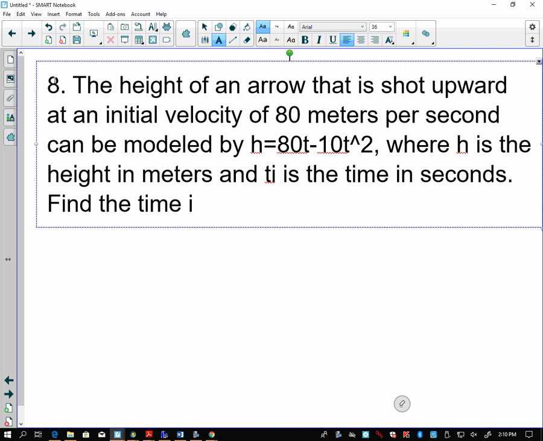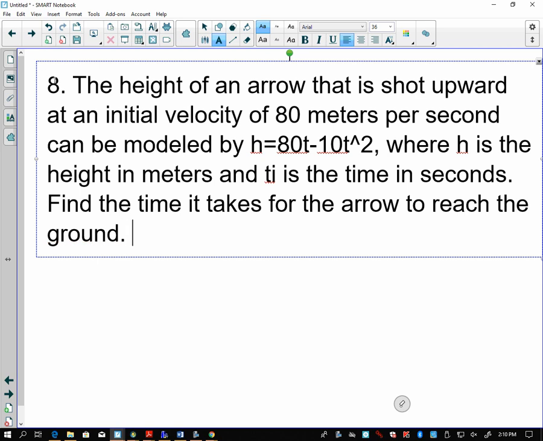Find the time it takes for the arrow to reach the ground.